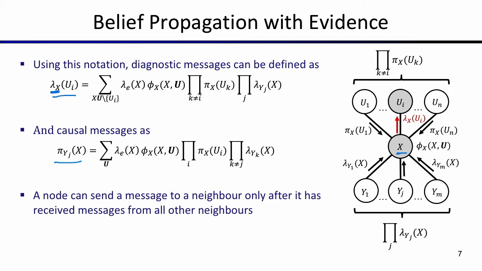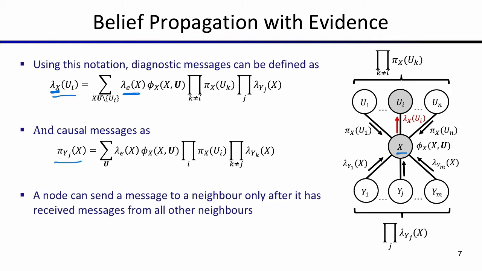This message will have the following components. First, you have the evidence indicator, if we have one, associated with the node X. Unfortunately, now we are using the same letter, lambda, to indicate the evidence indicator and also the messages that are going up. That is because we haven't been using lambda for evidence indicators, but keep in mind that these are two different things.